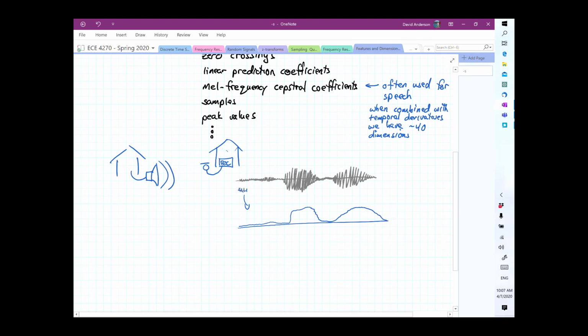So if I want to determine whether or not my neighbor was playing his music loud, I can just write some little program that says, anytime we're above that threshold, he's playing his music too loud. So that's easy enough to spot, and right there his music is too loud.